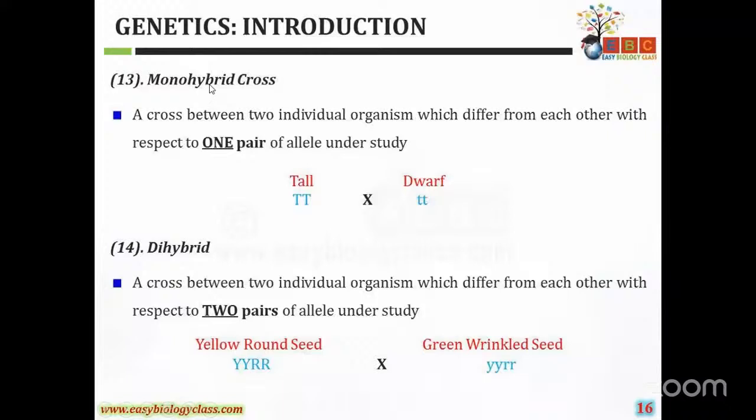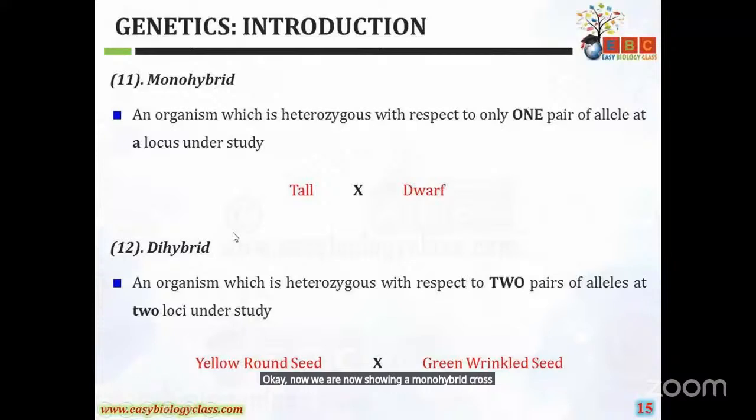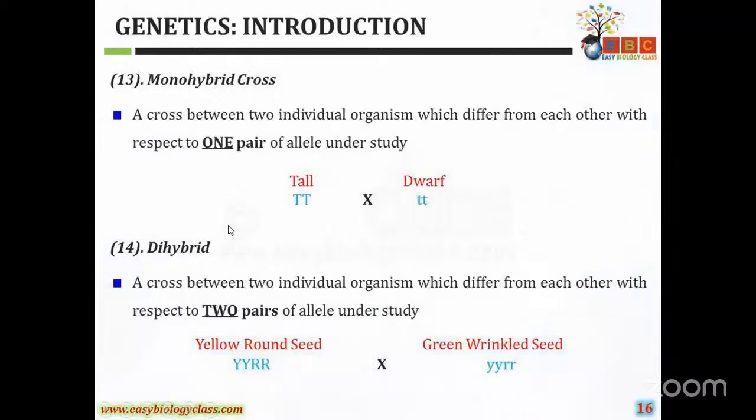Okay, now we are showing a monohybrid cross. That shows a cross between two individual organisms which differ from each other with respect to one pair of allele under study. So we have seen monohybrid before.